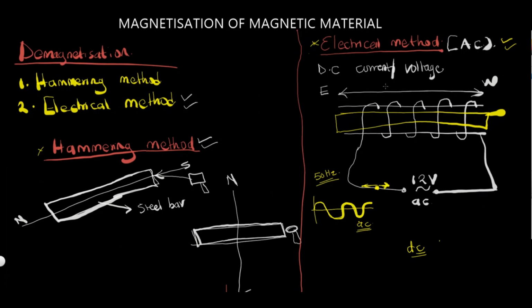Because remember, if you do this experiment and align it with the Earth's magnetic field, which is the north-south direction, some magnetic field will be induced inside this steel bar due to the Earth's magnetic field. That's why we try to misalign it with the Earth's magnetic field. So it's supposed to be in the east-west direction for it not to retain some magnetism during the process.